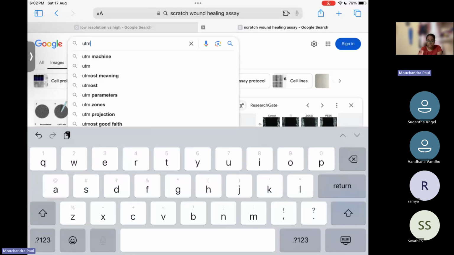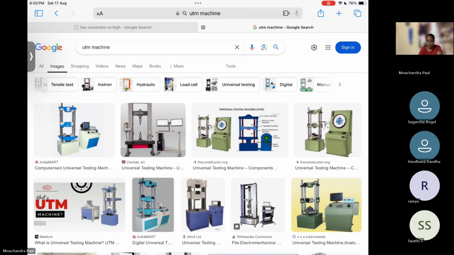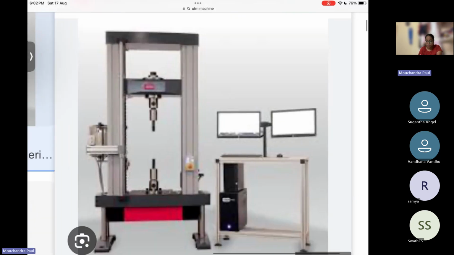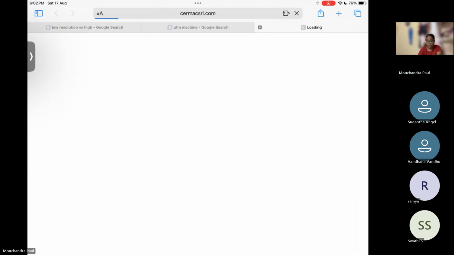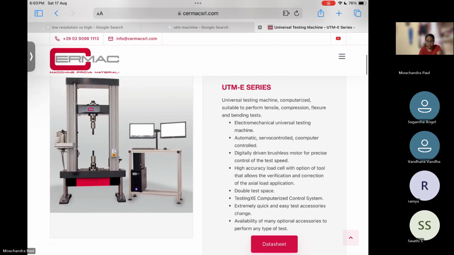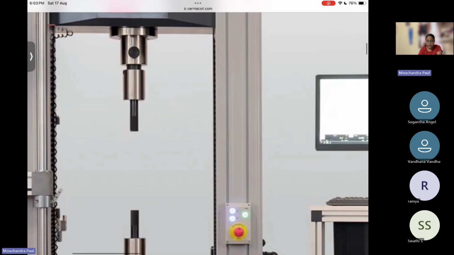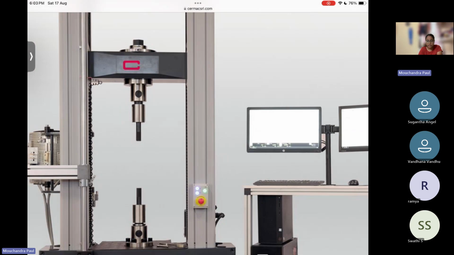There are two ends which are used, this end and this end. This is one end, the top one. This is another end through which you can hold your sample. One end is fixed, and to the other end there is a sensor.